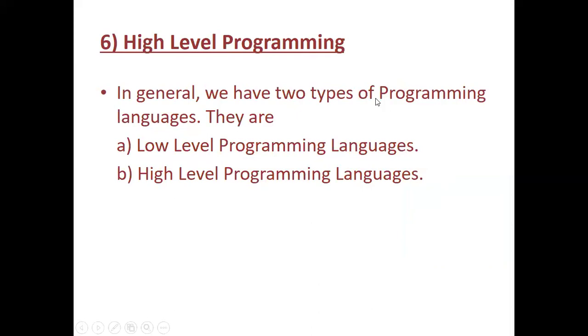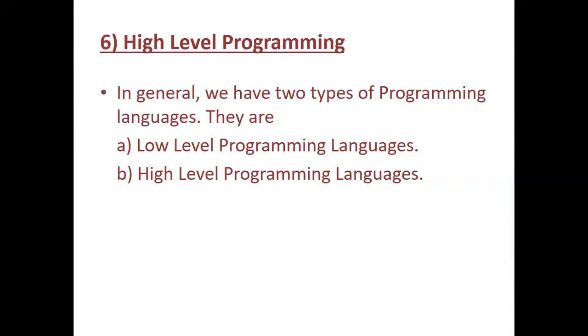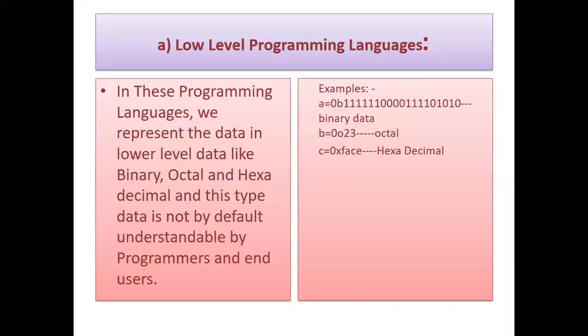How is this a high-level programming language? Now, we have two types of programming languages, low-level and high-level. In a low-level programming language, we cannot convert binary, octal, and hexadecimal data into the decimal format. It is not understandable by the programmer and end user.